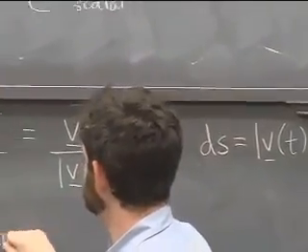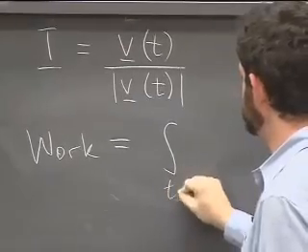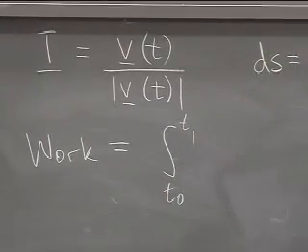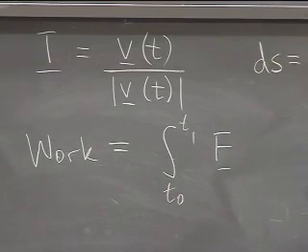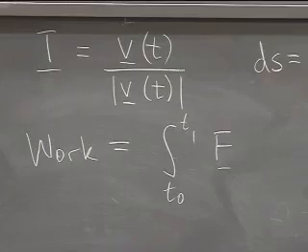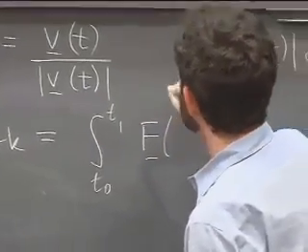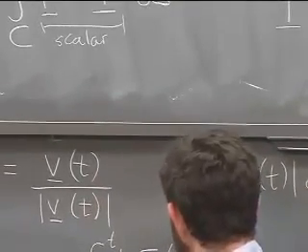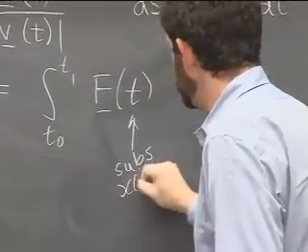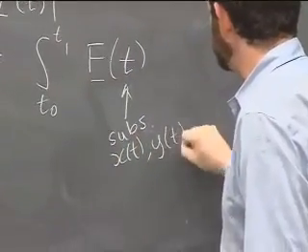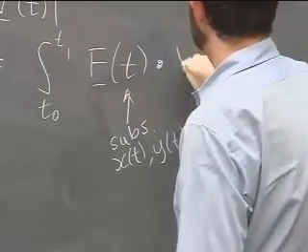This work integral becomes the integral from t0 to t1. The force is, well, this is at a point t. So this is substituted here. Really x of t, y of t, z of t, like we did. And then you dot this with v over the speed.